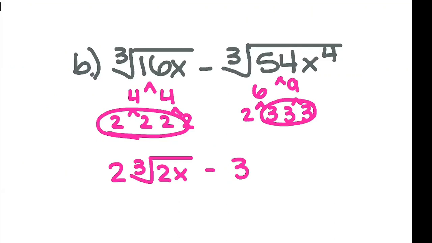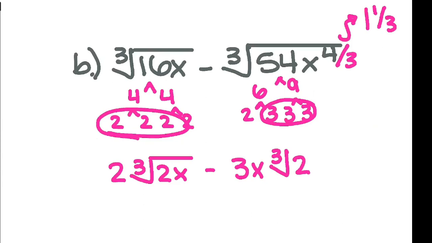If I take 3 from that, I'm going to have 1 left over. We're dividing the exponent by the index. So this would give me 1 and 1/3. Again, I would take 1x out and leave 1 underneath the radical. So I'm going to have a 2x underneath that cube root.